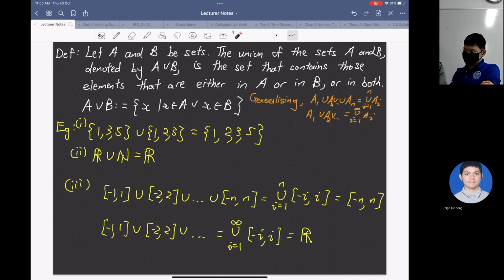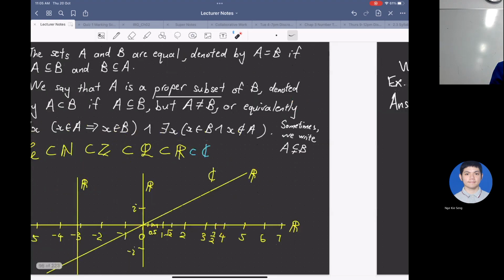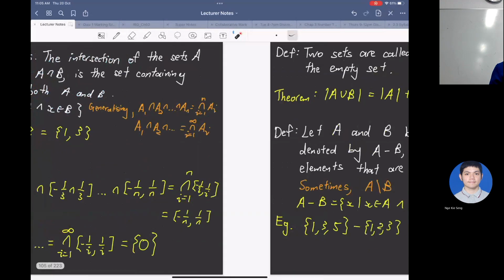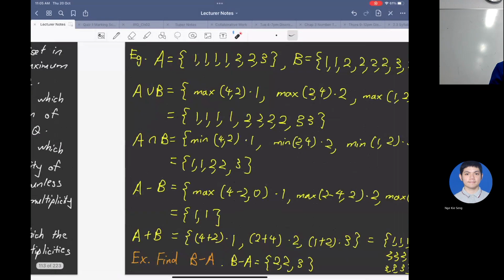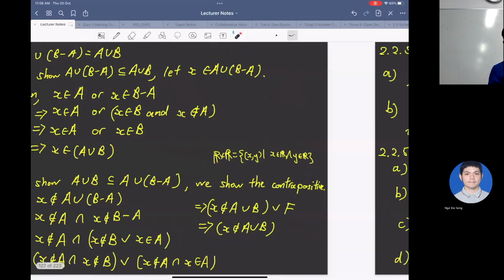Okay, oh yeah, I forgot to mention about the bijection and the cardinality of set. So if you have a bijection between sets, actually you can compare their cardinality, right?